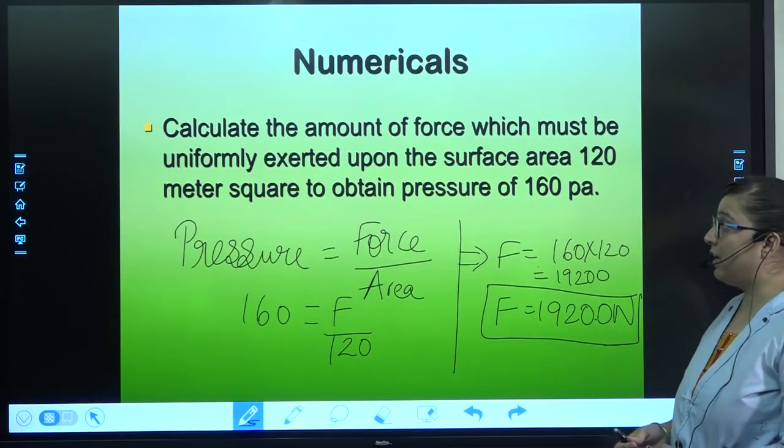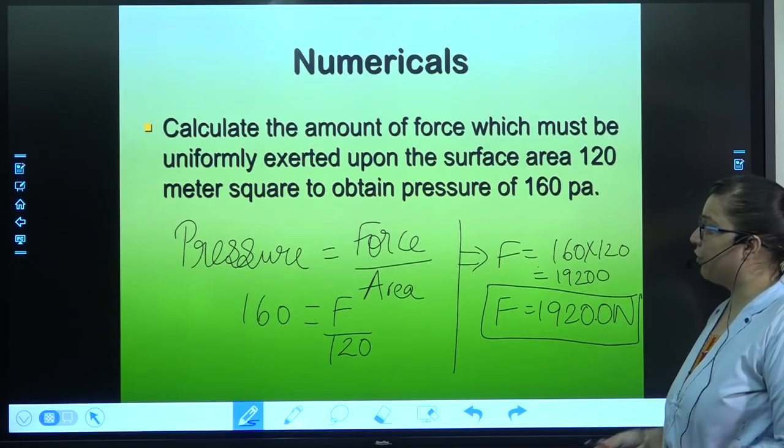Alright, now let's move on the next particular type of numerical.